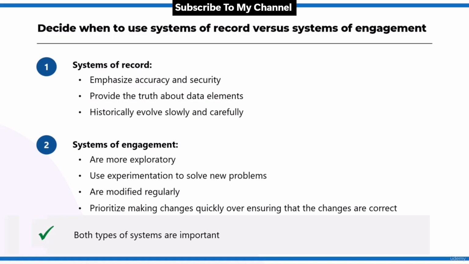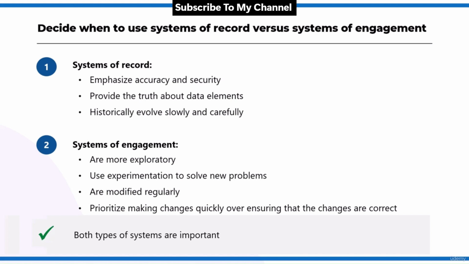In the other case, system of engagement is like many organizations have other systems that are more exploratory. These often use experimentation to solve new problems. Systems of engagement are modified regularly, and usually it is a priority to make quick changes over ensuring that changes are correct.